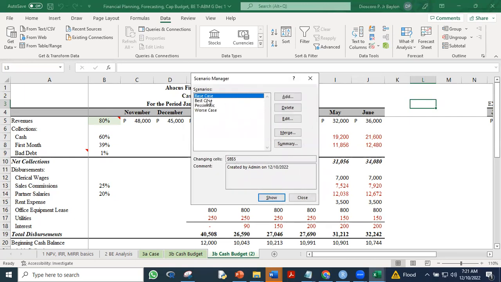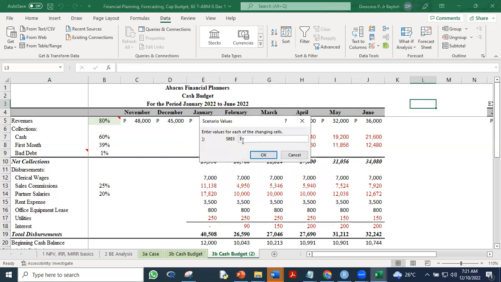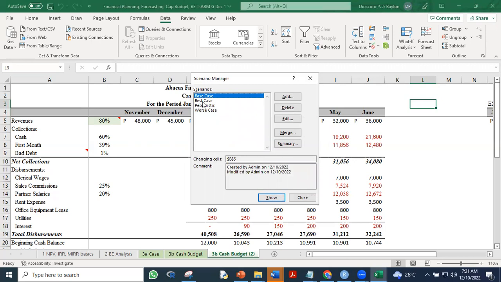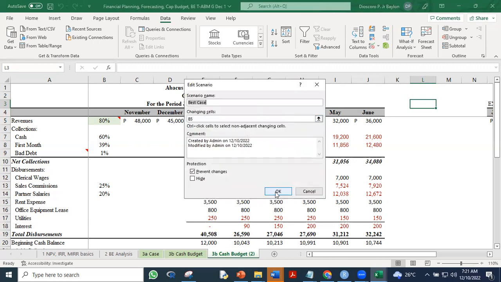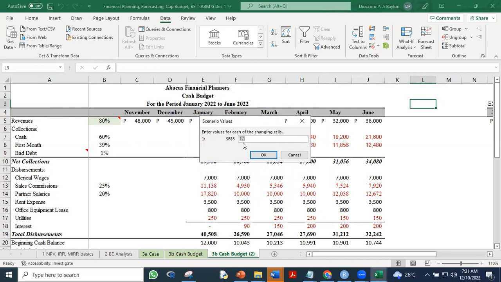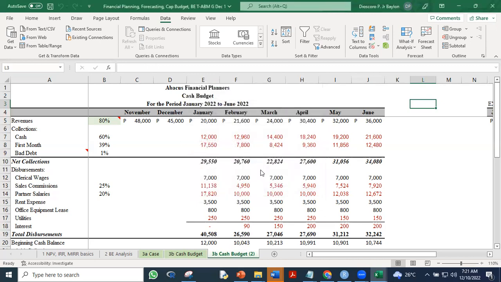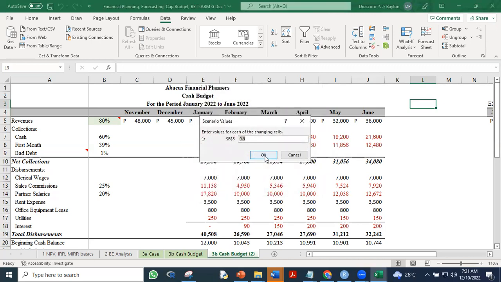For the base case, if we edit and click OK, we can see that the base case is 1 or 100%. Checking the best case, edit, B5, and it's 1.1 or 110%. Checking the pessimistic case, edit, it's 0.9.